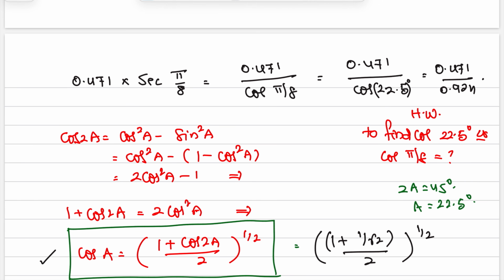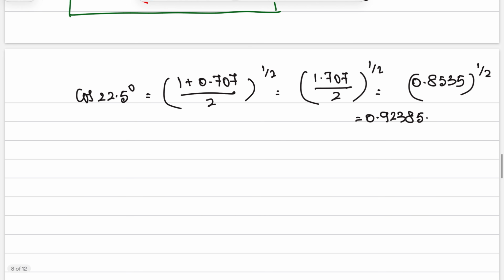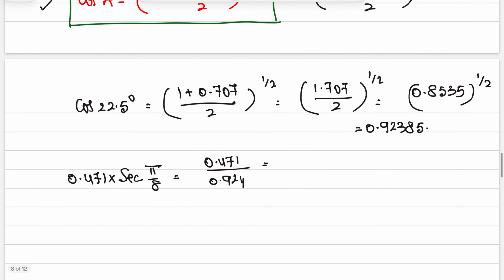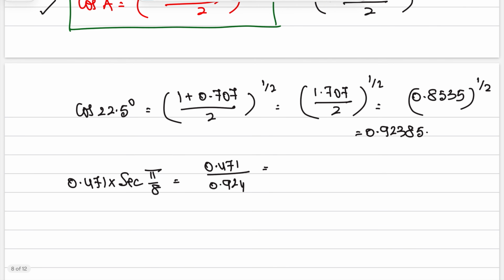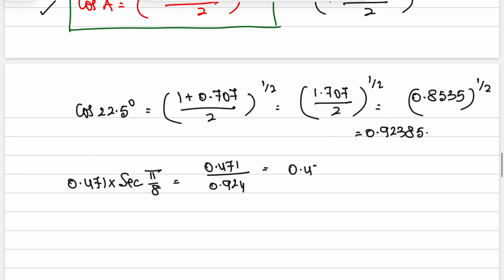Now it comes to 0.471 into secant pi by 8 is equal to 0.471 by 0.924. Let us take only 3 digits. That is 0.471 into 1 by 0.924.